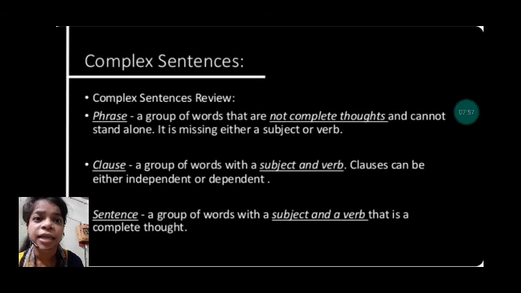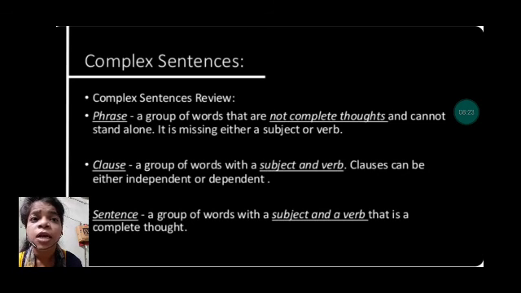Now, as we discussed some examples, here is a review of the definitions. Phrase: a group of words that are not a complete thought and cannot stand alone. It is missing either a subject or a verb. It can happen that a complex sentence also contains a phrase. Clause: subordinate clause and main clause are two kinds of clause.